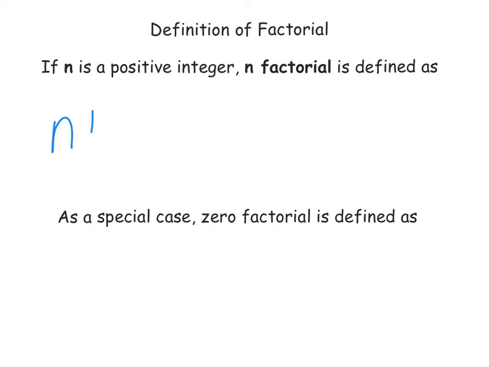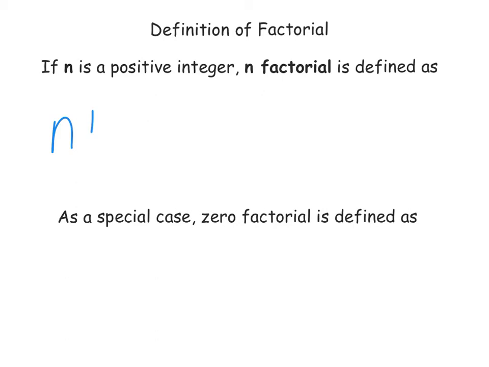That would be kind of cool if that's what you did. What it means is you take every positive integer and you multiply them until you get all the way up to the integer that you are at. Notice for the definition, factorials only are used with positive integers.